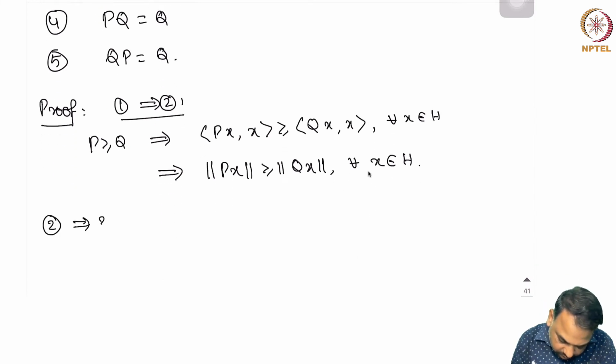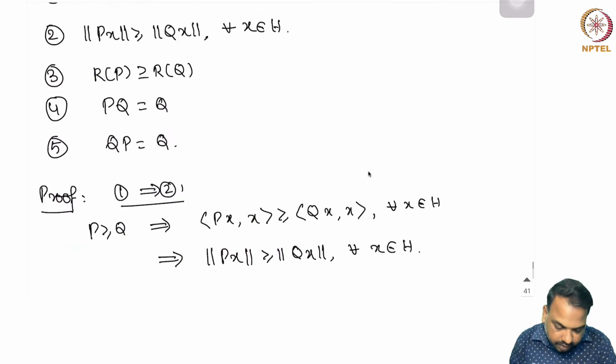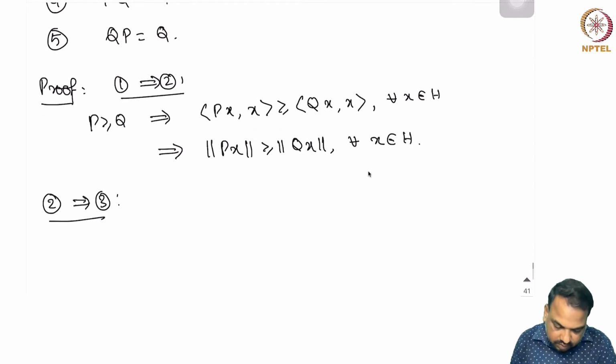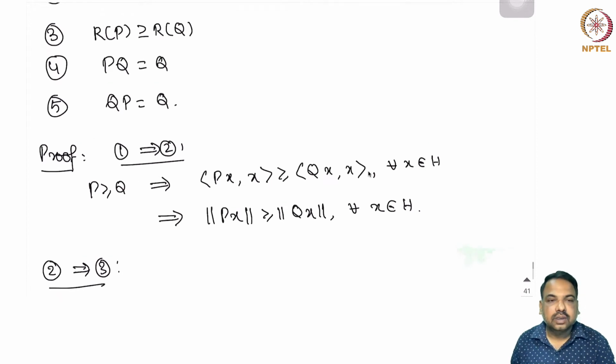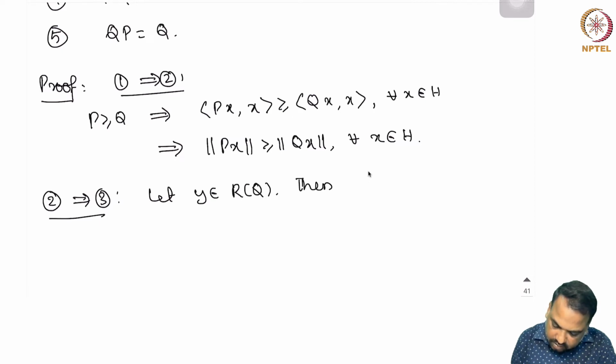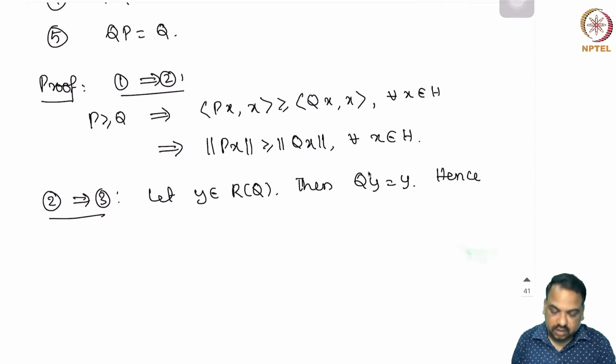Let us look at 2 implies 3. If norm Px is bigger than or equal to norm Qx, we want to show that range of P contains range of Q. Let us take y in range of Q. Then we know that Qy is y. So we want to show that Py is also equal to y.